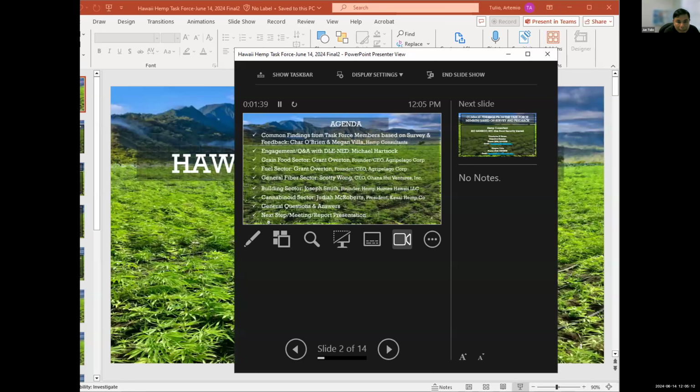Then we will move on to the grain food sector. Grant Overtorn will be speaking on this sector. For the fuel sector, it will be followed by Scotty Wong for the general fiber. Then we'll have Joe Smith for the building sector, and lastly Jodiah McRoberts for the cannabinoid sector.